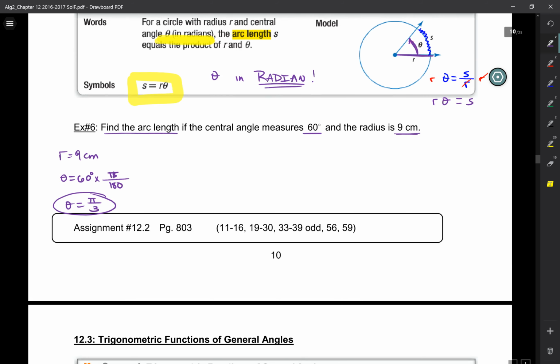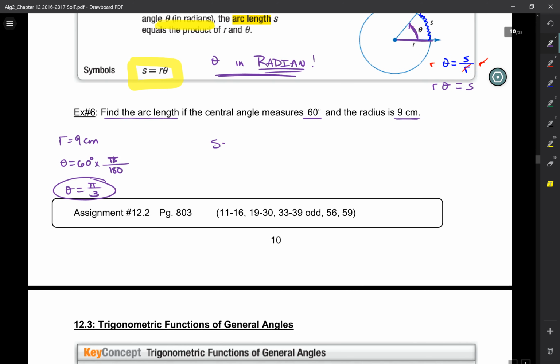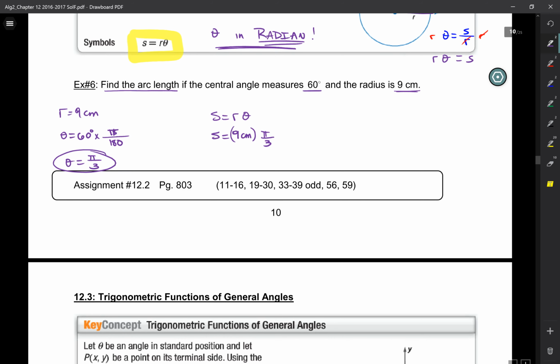Because my theta must be in radian to use this formula. So S is equal to R theta, 9 centimeters times pi over 3. So this is 9 pi over 3 centimeters. It's really 3 pi centimeters.